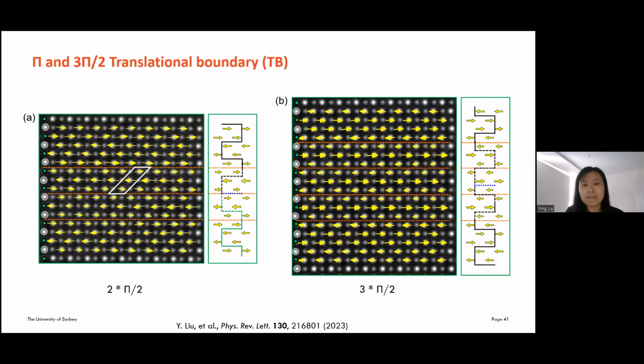This is very common if it is only one such unit: a half pi translational boundary, a pi translational boundary, or a 3 half pi translational boundary.